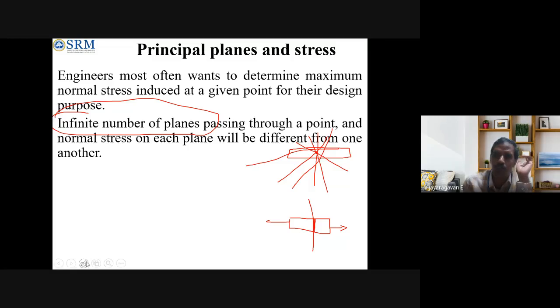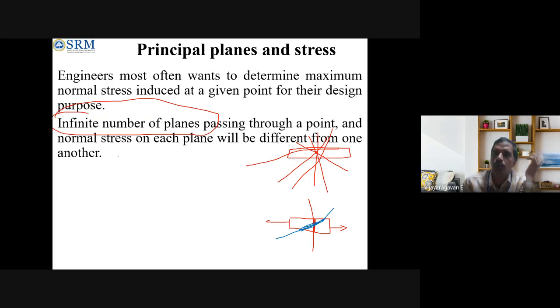Suppose we consider a plane like this; we have to see the equivalent force here, and then this will be your cross-sectional area. So in every plane the area differs, and as per that the normal stress is going to differ.